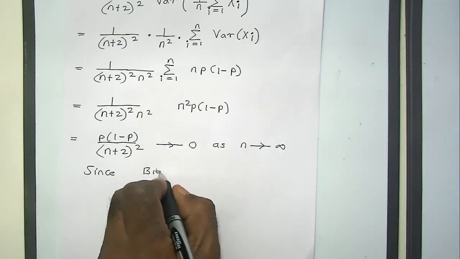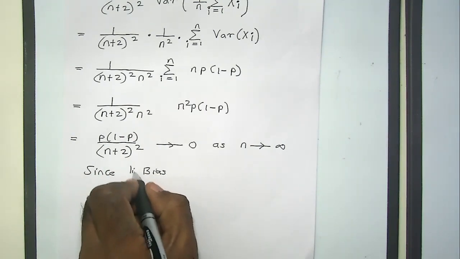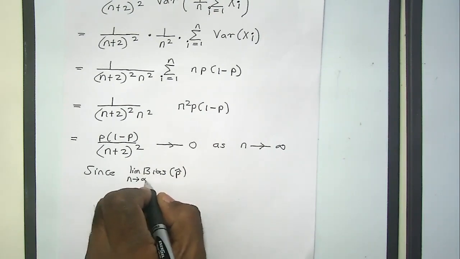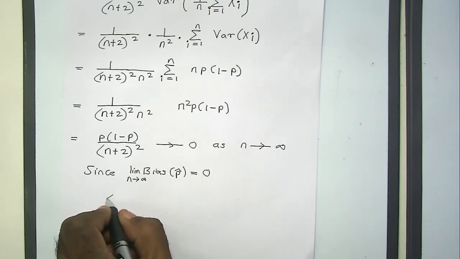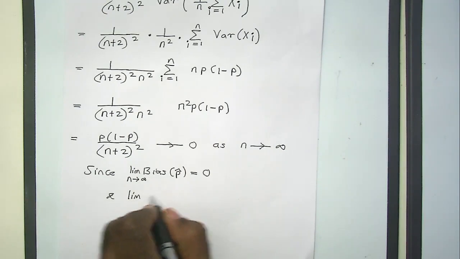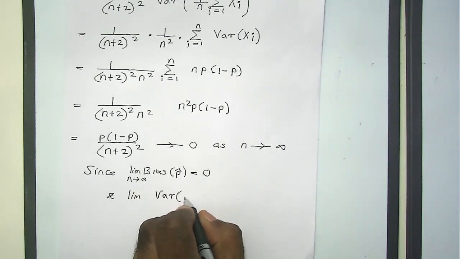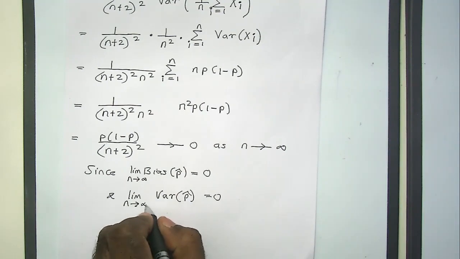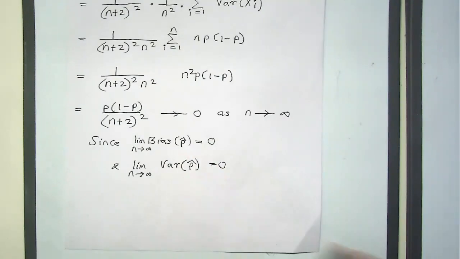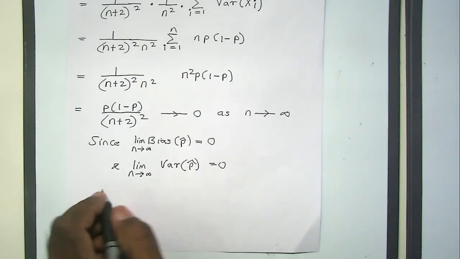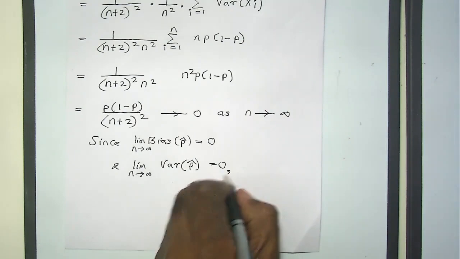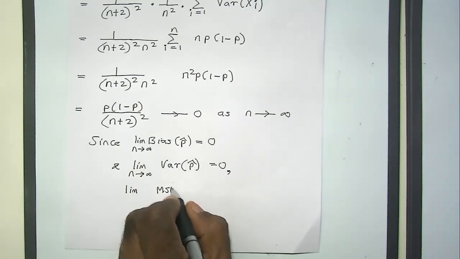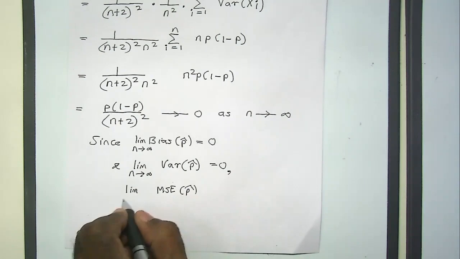Since both the bias and the variance approach 0, we have the limit of the MSE is also 0.